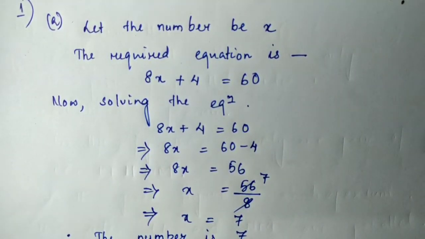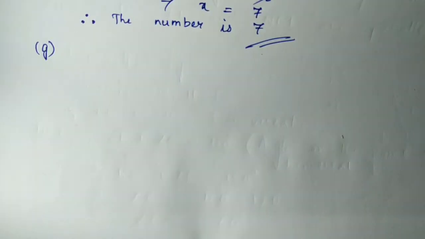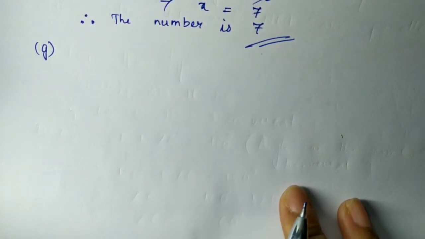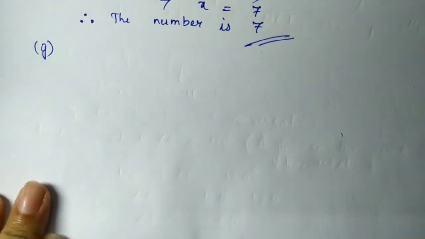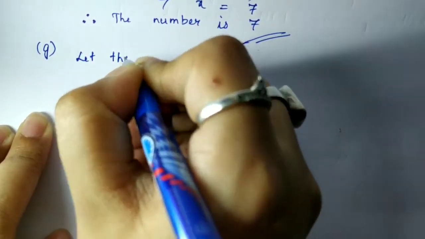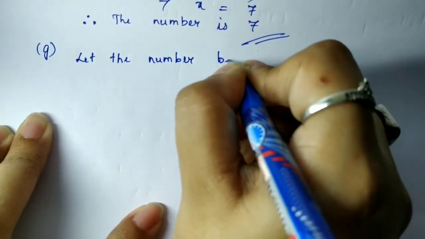In the same way we'll do a few more sums of this question number 1. Let me show you question number G. It's given: if one takes away 7 from 5 by 2 of a number, the result is 23. So I need to find the number. I'll consider, let the number be x.